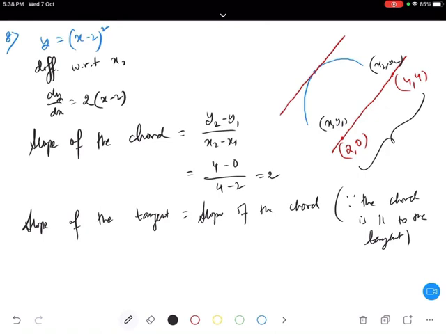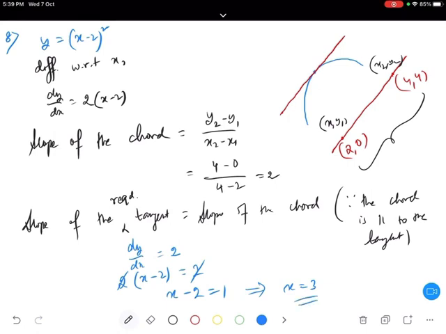Slope of the required tangent is equal to the slope of the chord. So I can write dy/dx is equal to 2. That is the slope of the tangent. So I will write 2 into (x minus 2) is equal to 2. So 2 gets cancelled, x minus 2 is equal to 1. That implies x is equal to 3.